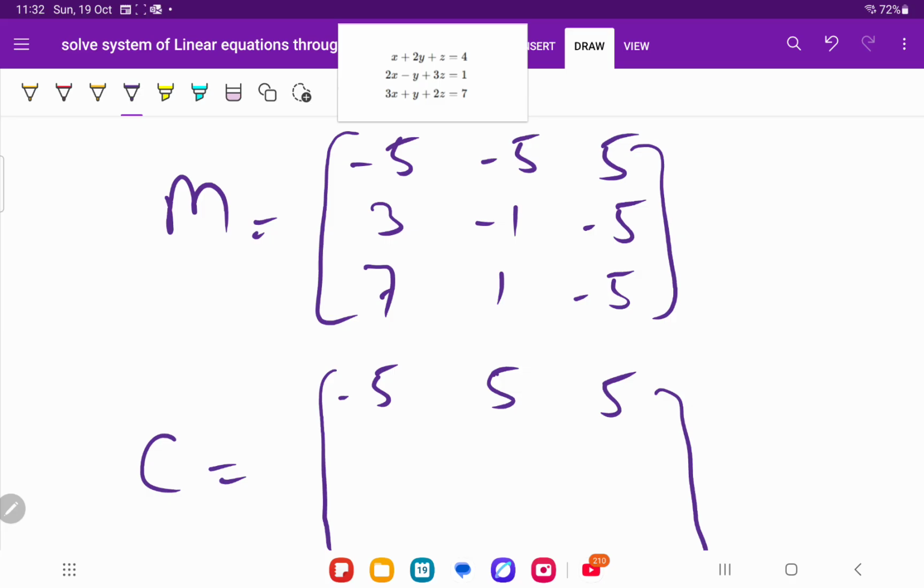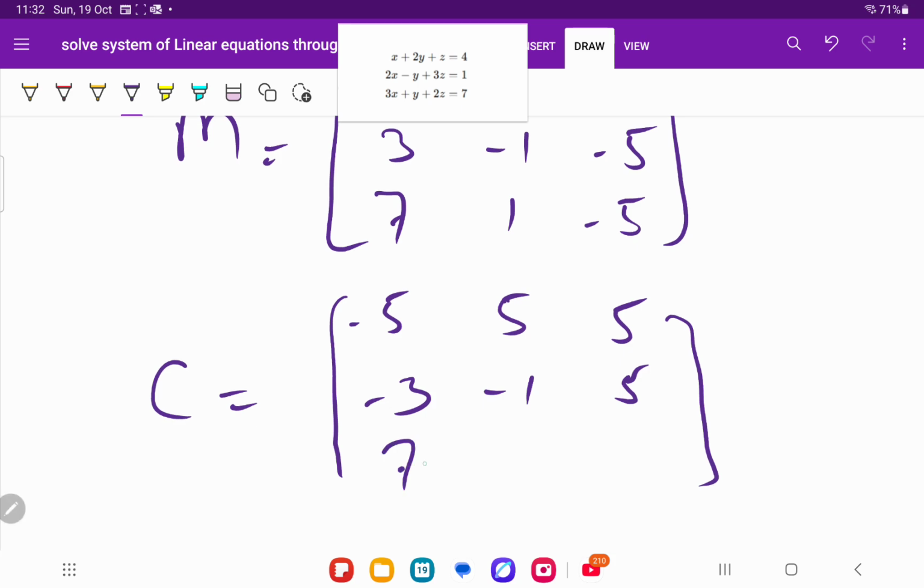3 exists at which location? 2, 1. So we change it to minus 3. Minus 1 remains as it is, because it is at 2, 2, and 2 plus 2 is even. Minus 5 will change the sign, because it is at 2, 3. And 7 will remain the same, because it is at 3, 1.